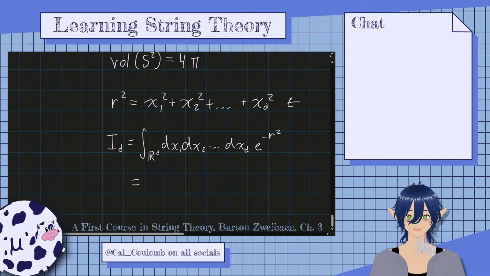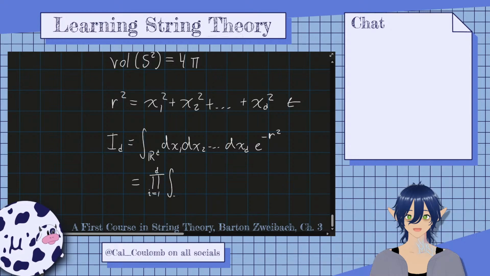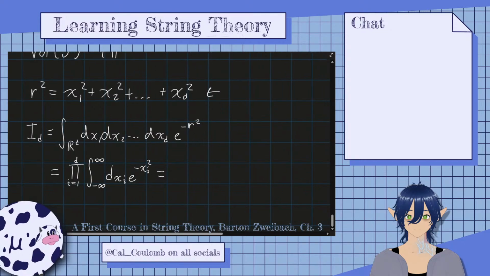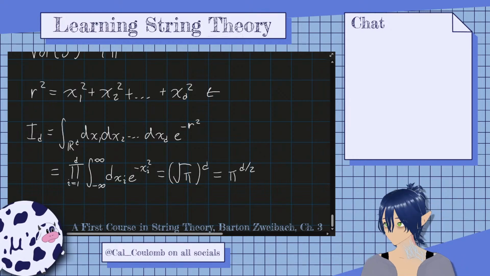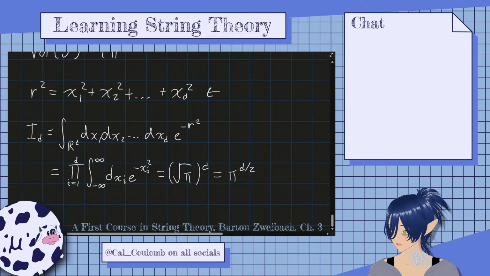So ID becomes the product from i equals 1 to d of the integral from negative infinity to infinity of dxi e to the minus xi squared, which is just the square root of pi to the power of d, which is just pi to the d over 2, because the square root is just raising something to the power of 1/2.